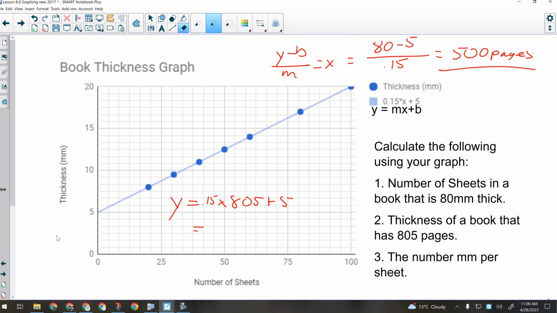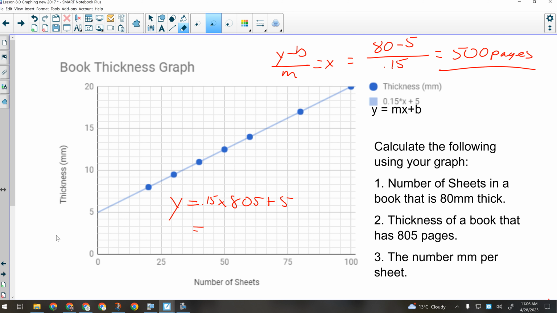What does b represent? It's the y-intercept. What does the y-intercept represent on this graph? Remember, the y-intercept is always telling us what the value of y is when x is 0. So this is the thickness of a book with no pages. The covers?